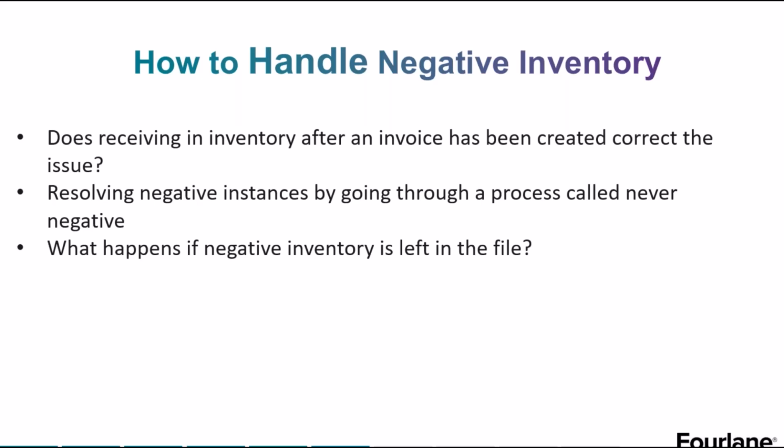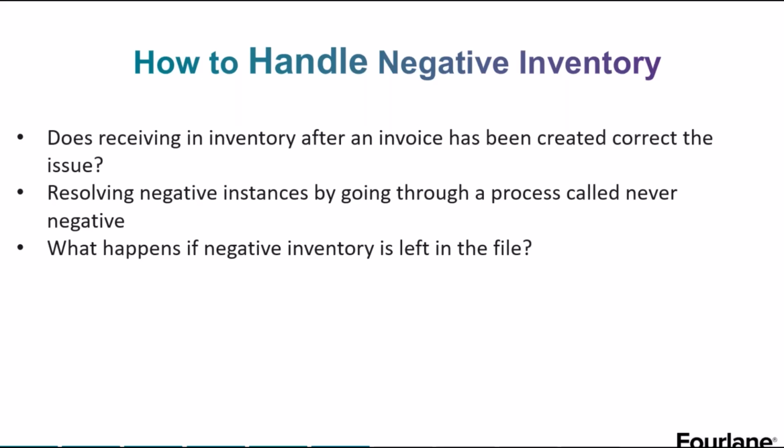And what that ultimately does over time is it causes bad item history and can lead to false information on our items when we're looking at a report. It can skew what the inventory cost is, as well as cause other reporting issues. So that is a huge area of concern when we're talking about making sure we're not allowing inventory to go negative in the system.